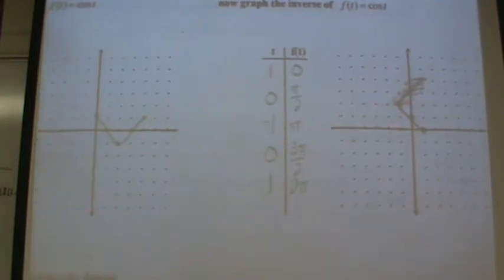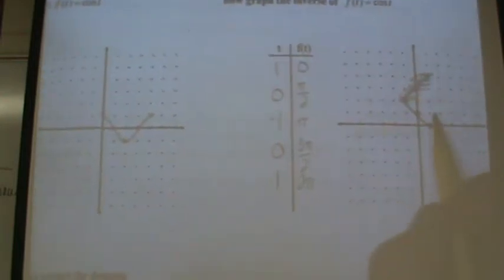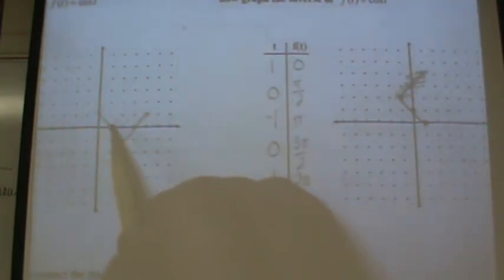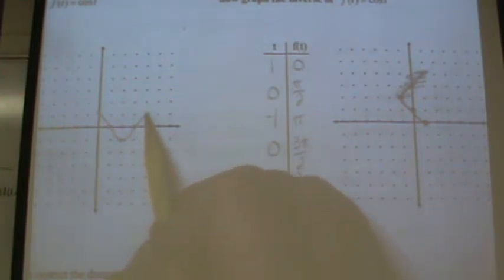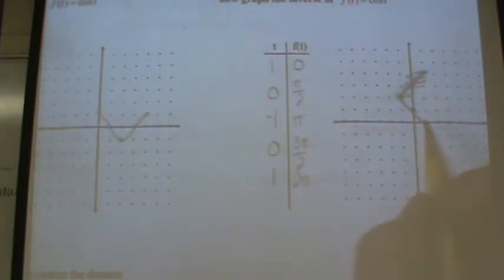Just like we did with sine, remember that this was the first quadrant, the second quadrant, third, fourth. So this time we're looking at values from 0 to pi, because remember we have our y-axis labeled pi over 2, pi, and so on in those increments.